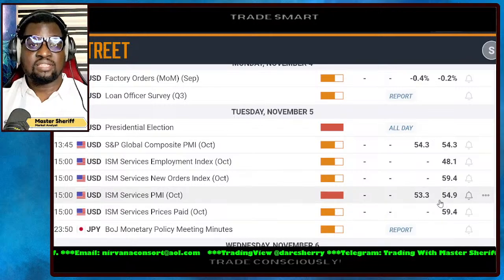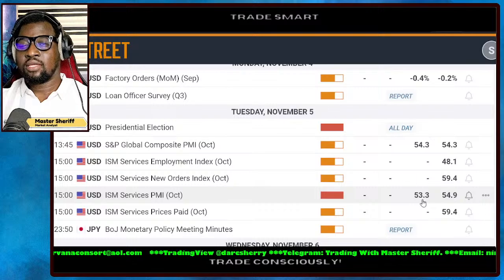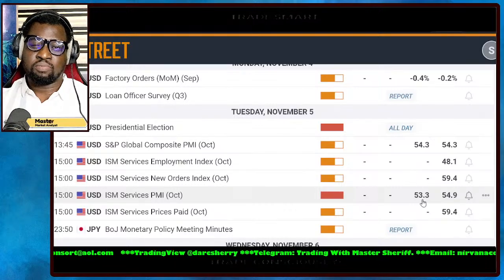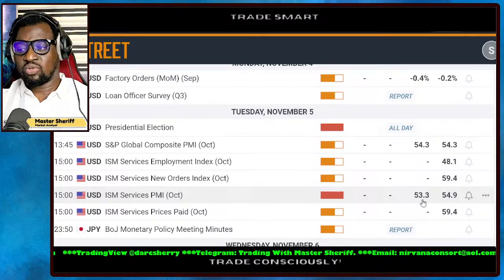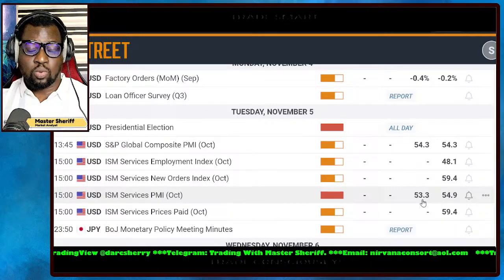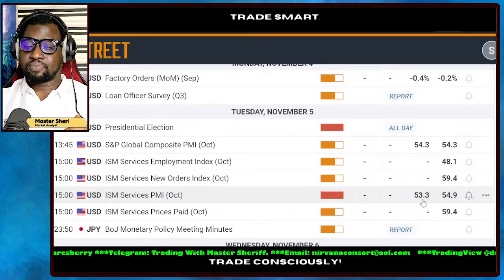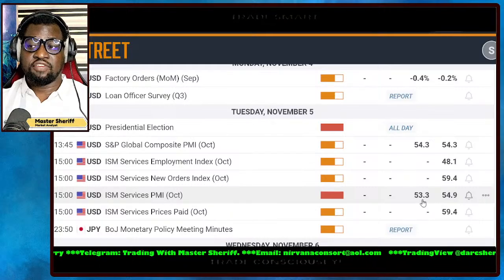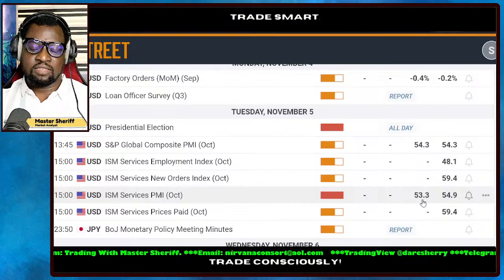And consensus market participants are projecting 53.3, a little bit lower than the previous month, but still above that 50 mark. So we look forward to seeing what the actual data is going to be on that one. Then another thing I would like to emphasize here is that anticipation of such events has a significant influence on how market participants will behave.